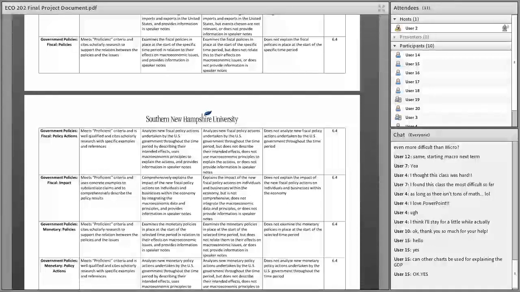And the last part, in the impact, you don't need the scholarly sources to be exemplary, although I always suggest using it, because you have to provide concrete examples to substantiate the claims and to comprehensively describe the policy results. So you want to provide an example.